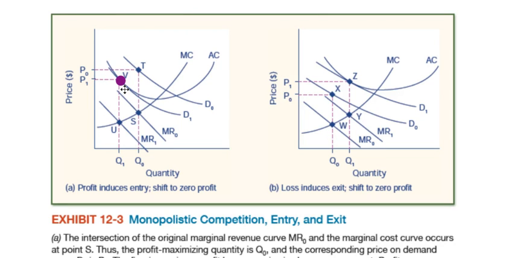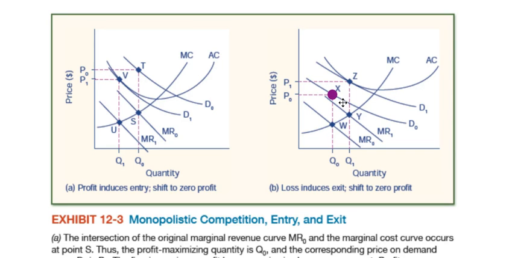Now, the other scenario is if there are losses. If every firm in the market is at point X, which means their price is below their average cost, then they're experiencing economic losses, and firms will leave the market.